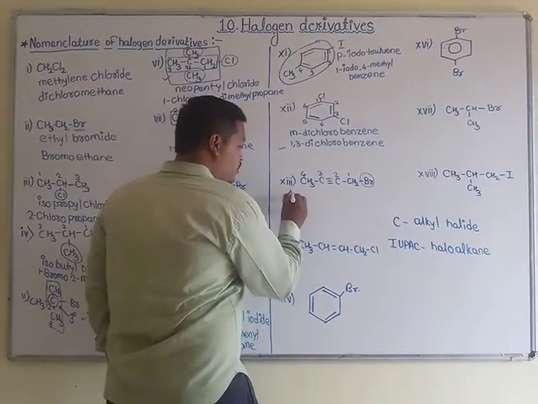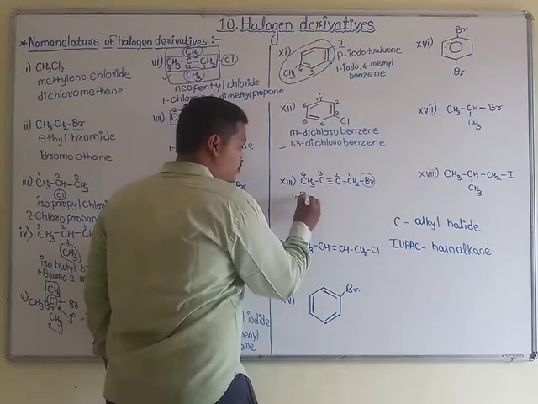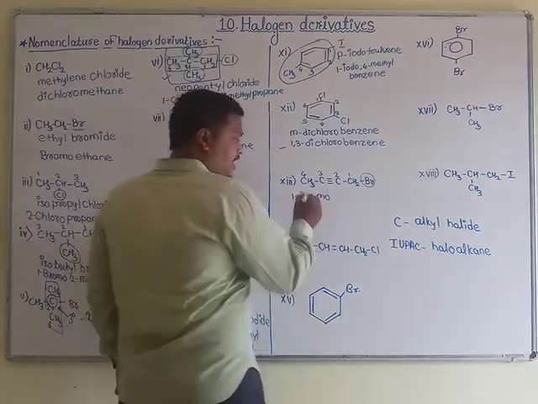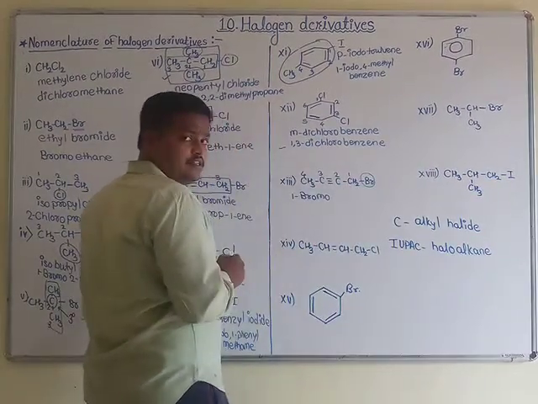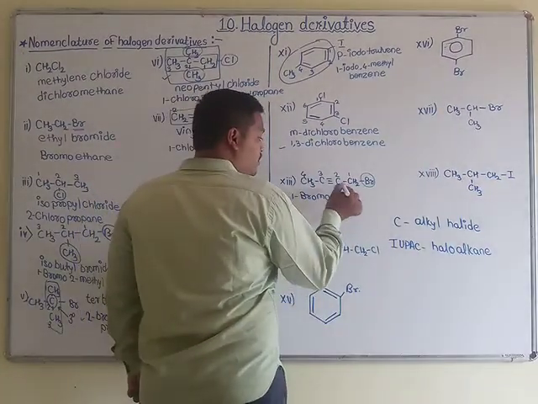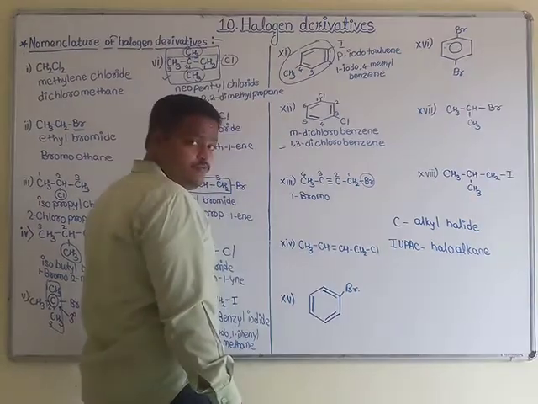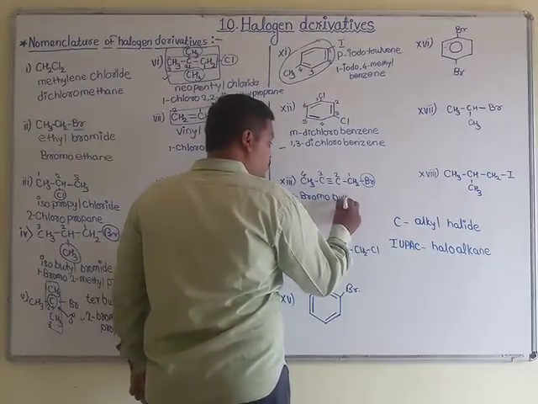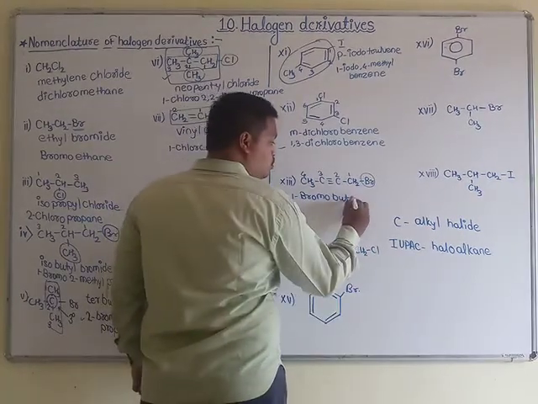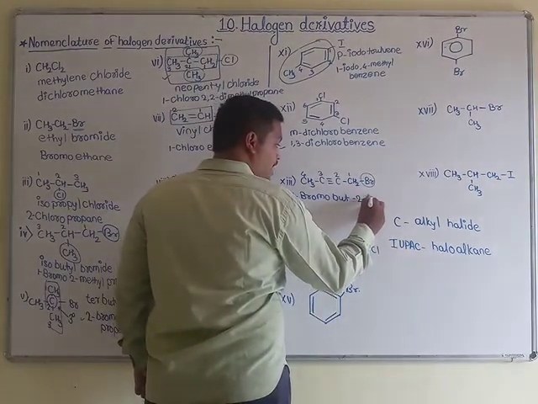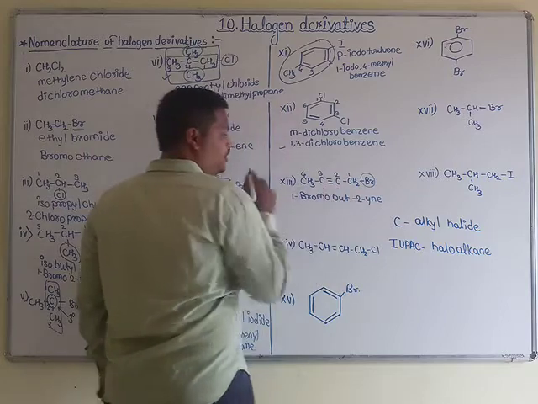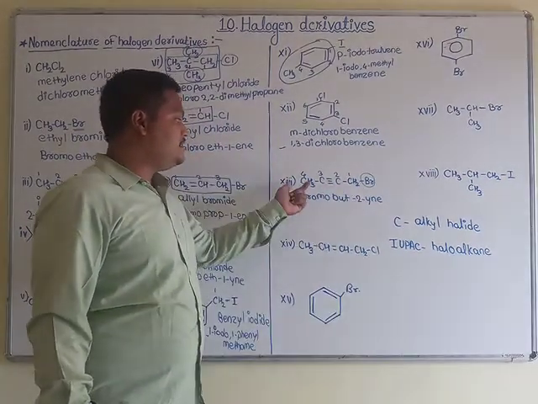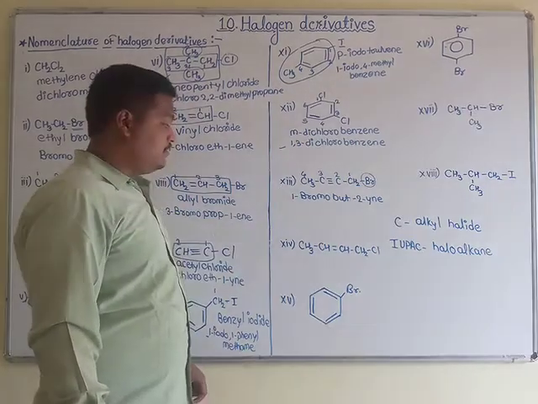Means 1-bromo. How many carbons are present in the straight chain? There are 4 carbons, and on the second carbon there is a triple bond. Therefore the alkyl group must be but, with 2-yne for the triple bond. Therefore 1-bromobut-2-yne is the IUPAC name for this compound.